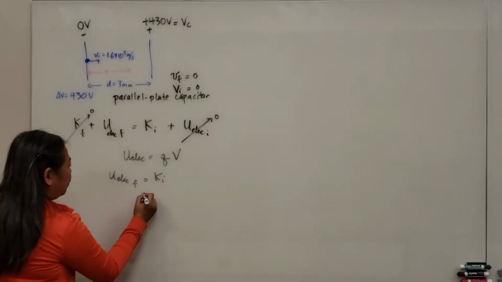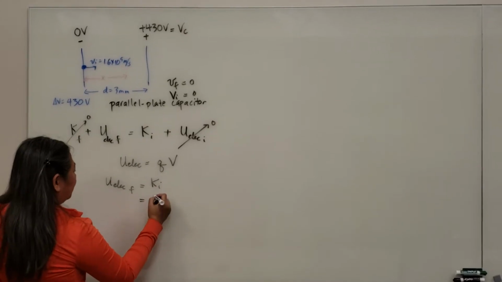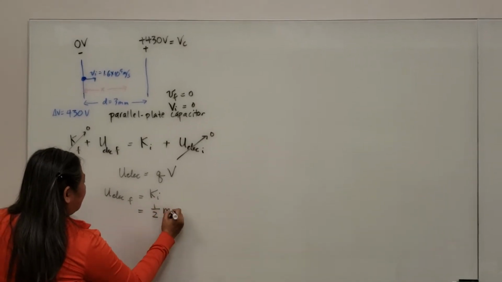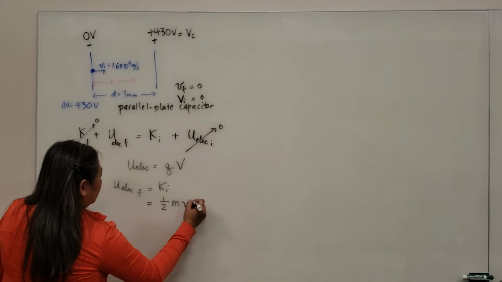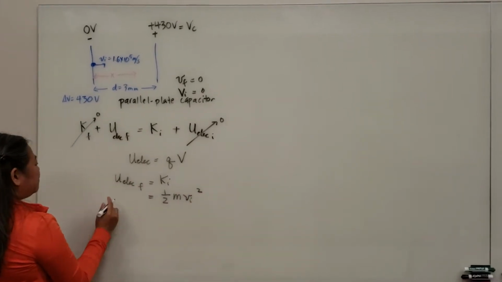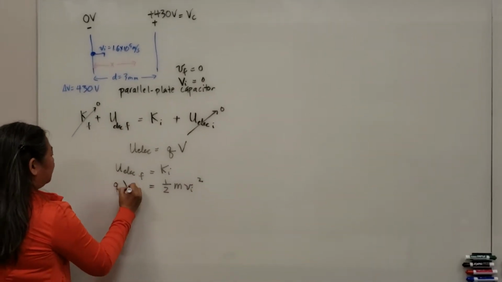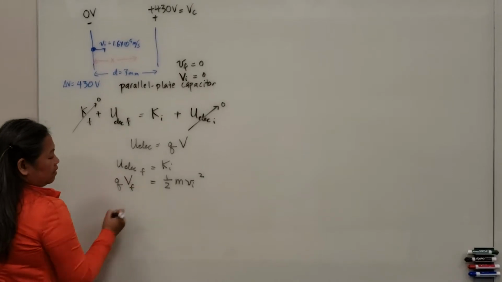If we were to expand this, initial kinetic energy is 1/2 m initial velocity squared, and your left side is q and potential energy final.